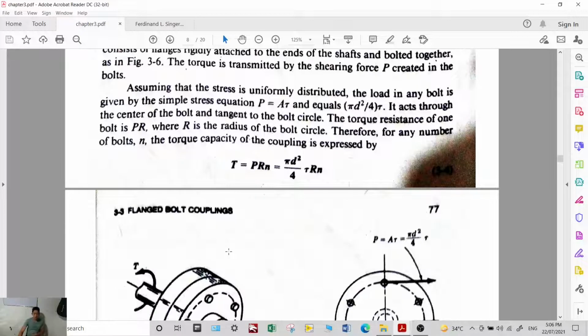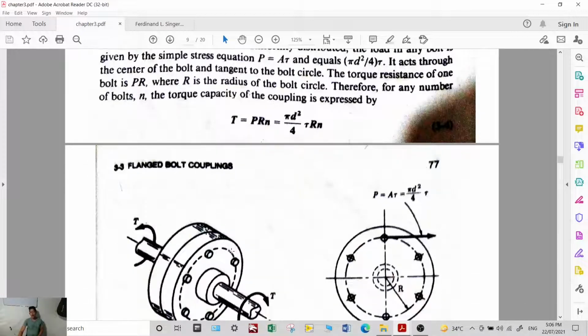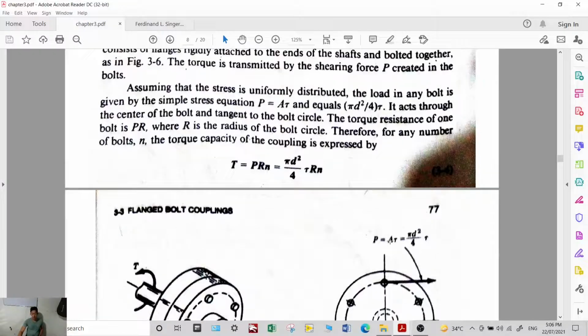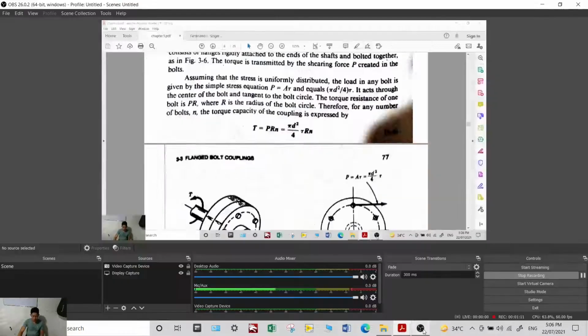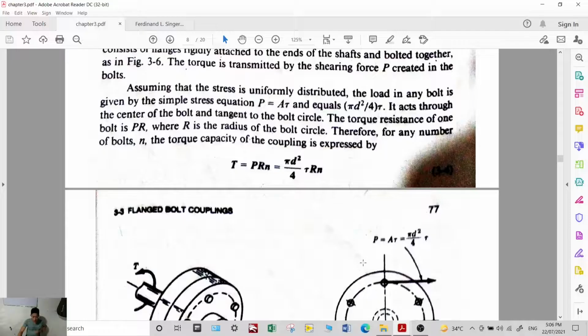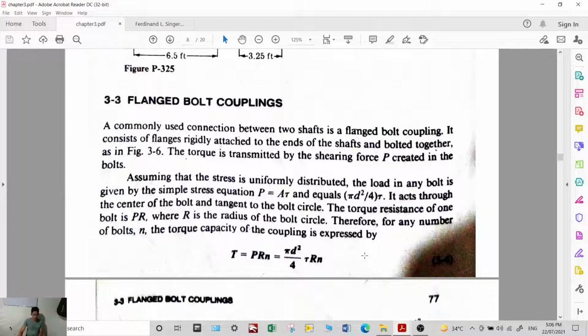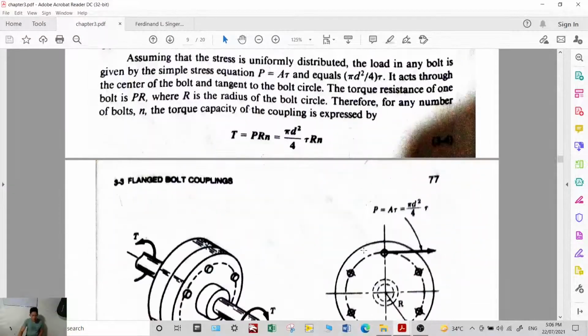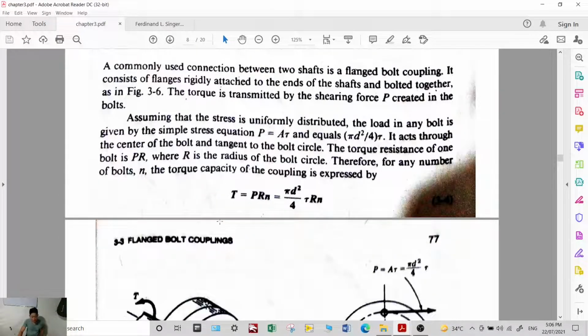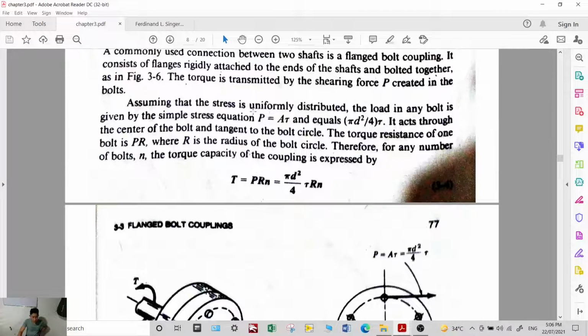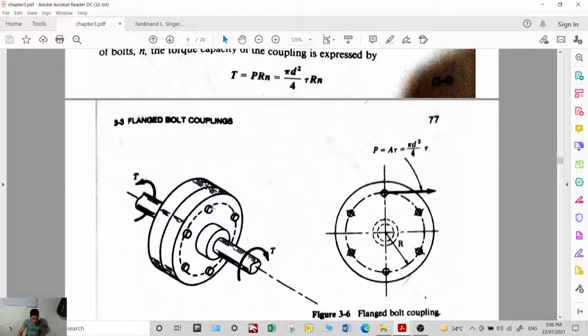So the question is, how do we analyze the stresses that is experienced by the bolt? Okay, so first is we assume that the bolt experience the same stress, or the load is uniformly distributed in all the bolts.